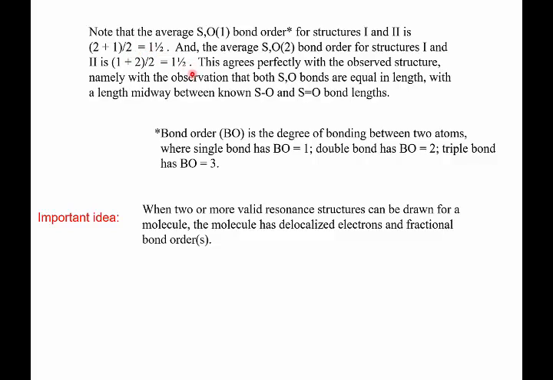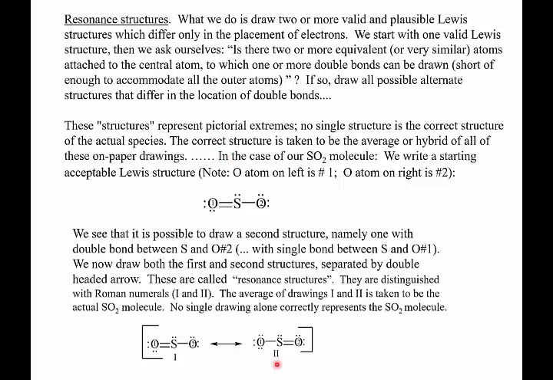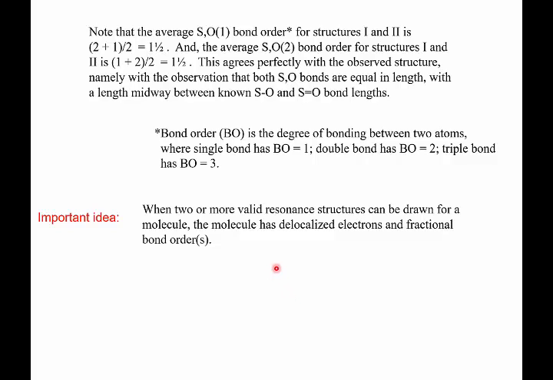In other words, the average bond order that we're computing for structures 1 and 2 is 1.5. And they both would be, in fact, 1.5. That's showing us that the bond orders in the real molecule are going to be the same. They're both equal, 1.5. And the 1.5 would also indicate that the bond length is halfway between single and double.